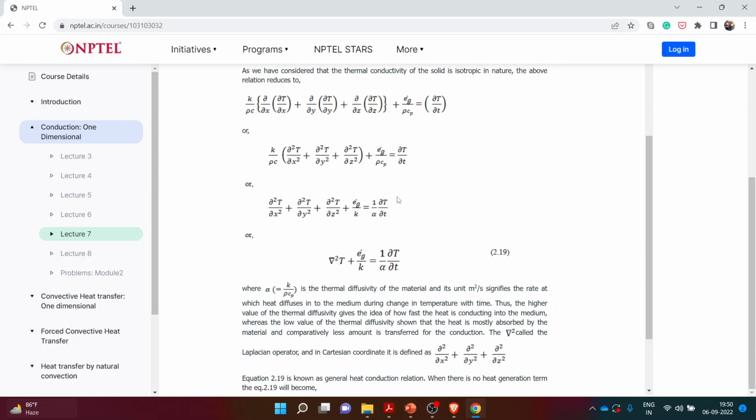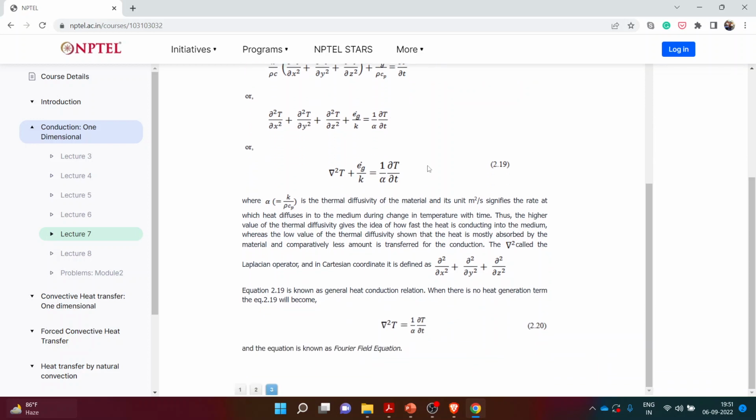Similarly, we can find the equations for cylindrical coordinates, but that will be in terms of r, theta, and z. But in the given question, the variation across the axial and azimuthal dependence was 0, so del 2 T upon del 2 z as well as del 2 T upon del 2 theta will be equal to 0. And also this term we equated to 0 since it was steady state.